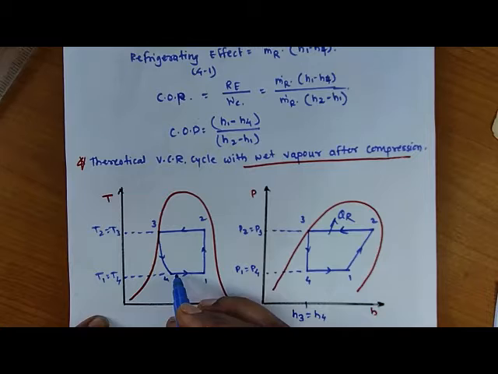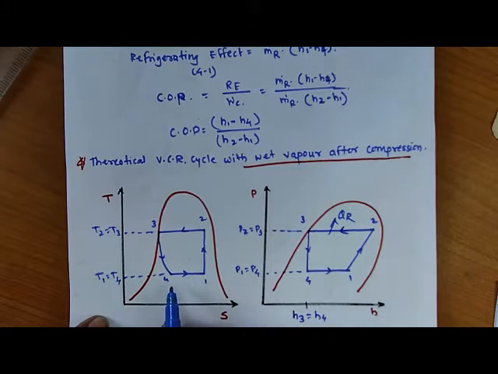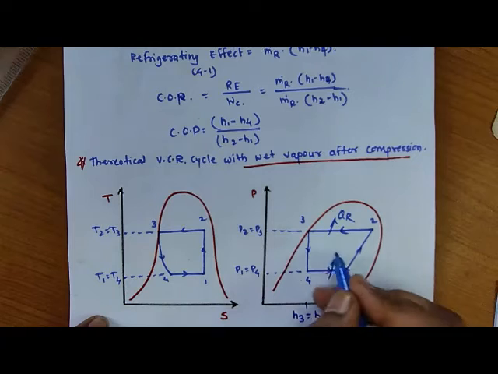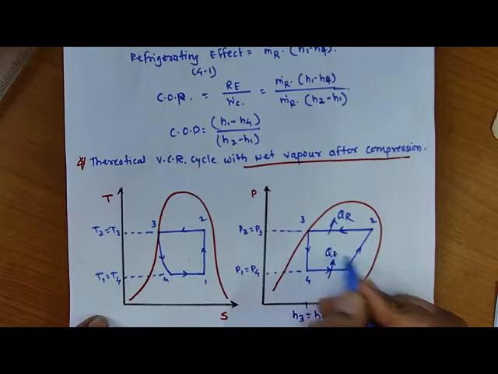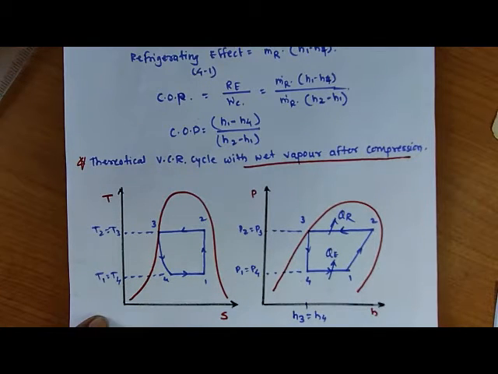Okay, now 4 to 1 is the evaporation process, and already we have stated that point number 4 is also a liquid vapor mixture, so it is available inside of the dome. And in the process 4 to 1, the latent heat of evaporation will be absorbed by the refrigerant.